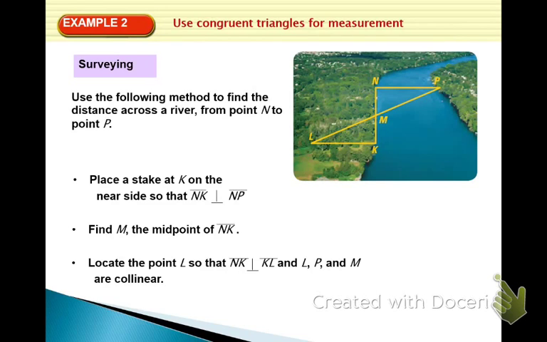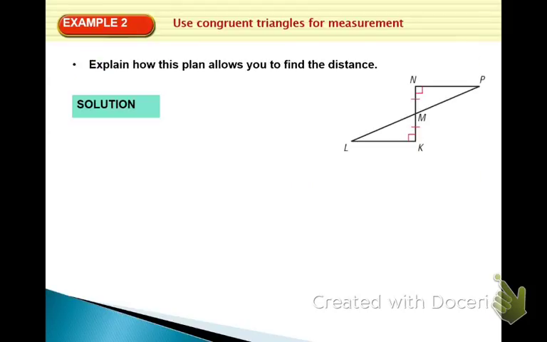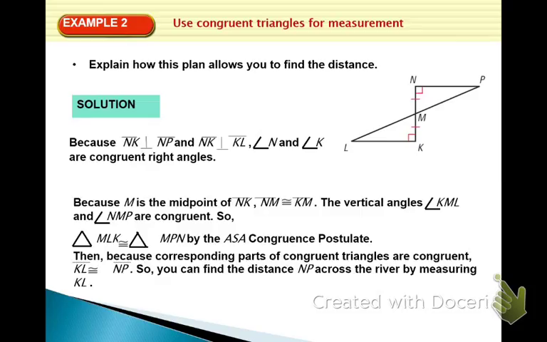But we know that we could measure L to K and show that that's the same as NP. To show that they're the same, it told you that these were right angles, these are vertical angles, and then these two distances would be the same. So we'd show the triangles are congruent, and then we could measure KL and show that NP is the same. They're congruent by angle side angle.